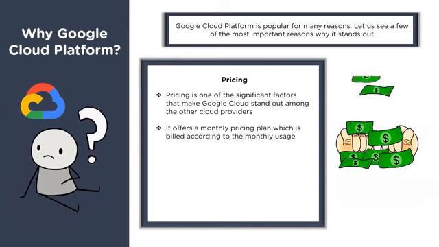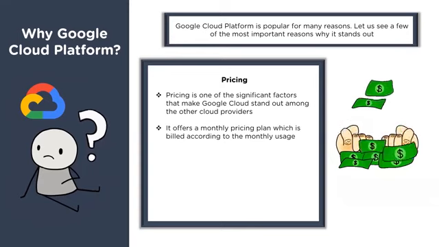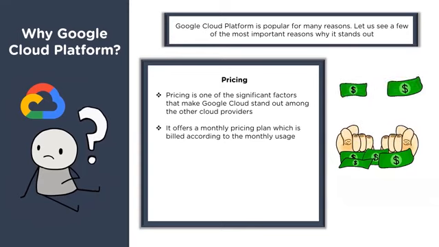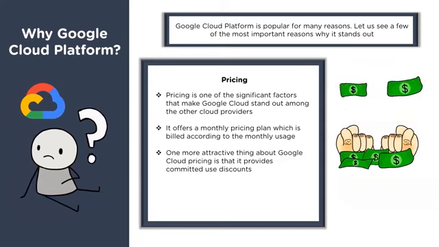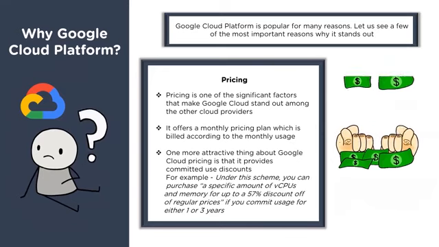So Google Cloud really has various pricing options which help customers in their different requirements, whether they would go for any of the service models such as infrastructure as a service, platform as a service, or even software as a service.